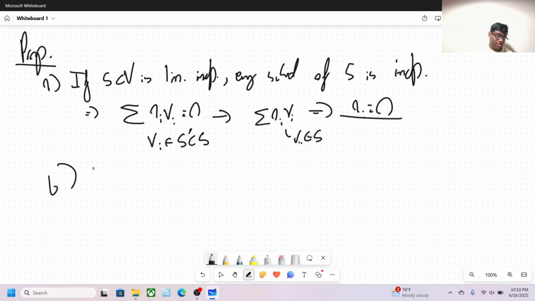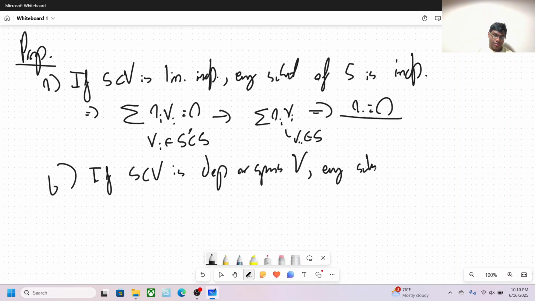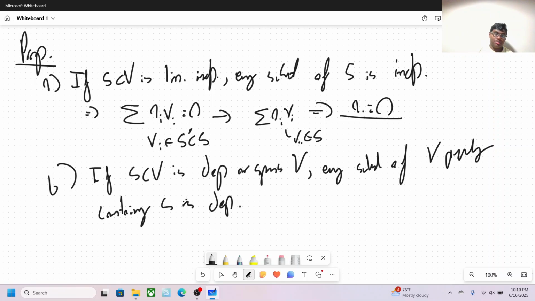Let's say B then. If S subset of V is dependent or spans V, every subset of V properly containing S is dependent. Why is this? If S has a non-trivial combination that is 0, anything containing S also has that combination, hence is 0.